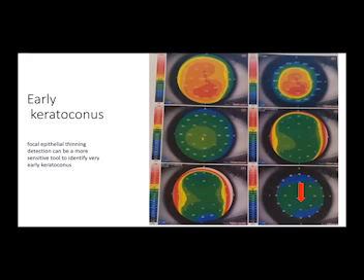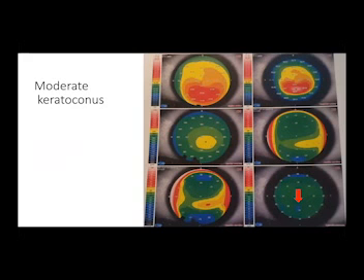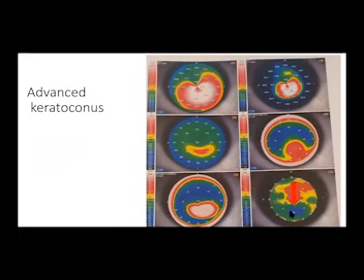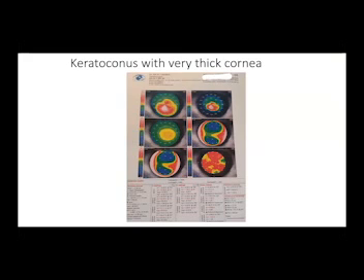In this case we have a small thinning in early keratoconus, more thinning in moderate keratoconus, and more and more thinning in advanced keratoconus. I call this difference the delta: the difference between the thinnest and thickest points of the epithelial mapping. It will be higher with progression of keratoconus, and we can use it to monitor progression.